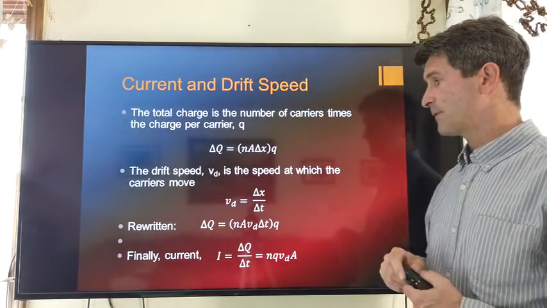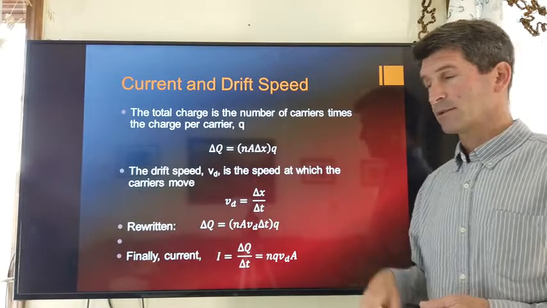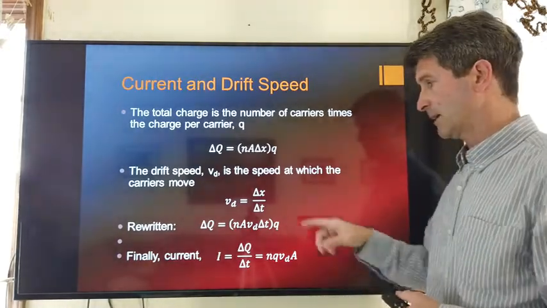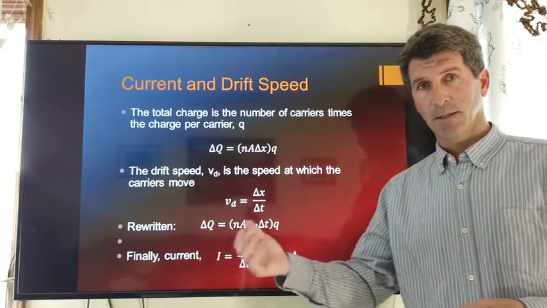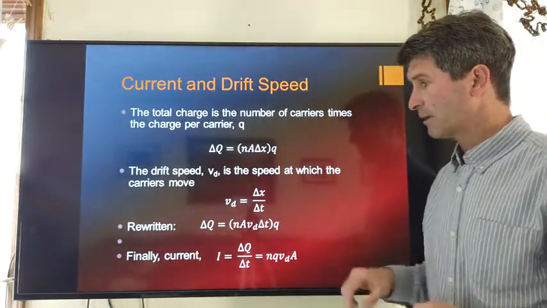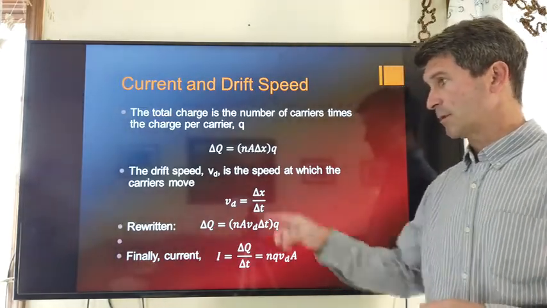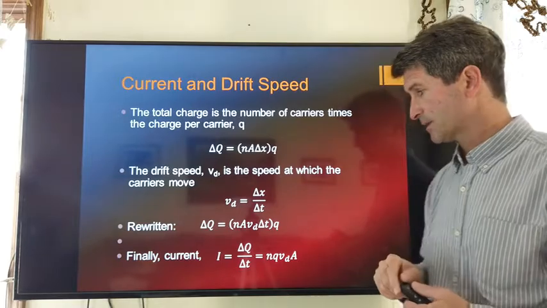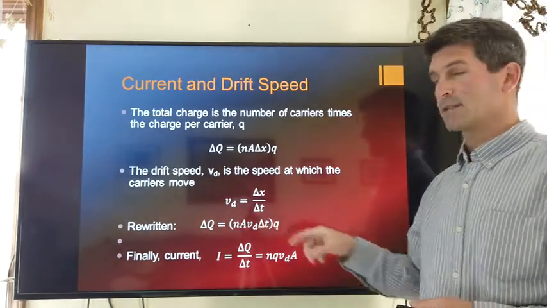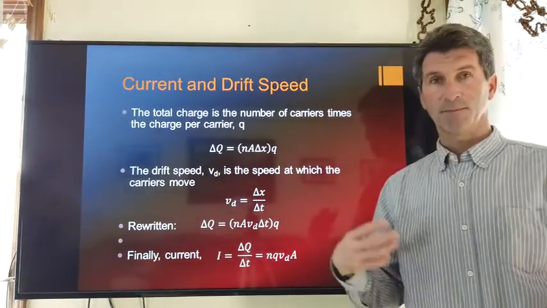So let's look at the drift speed first of all. Drift speed is defined as delta x divided by delta t: how long of a section of wire we're looking at, divided by the time that these carriers take to move along that section. We can now rewrite our total charge as being dependent on this equation. What we've done is replace delta x with the velocity times the change in time. Of course, x is measured in meters.